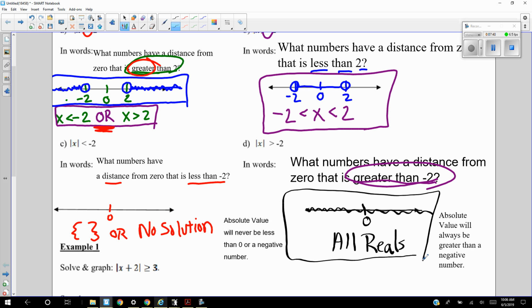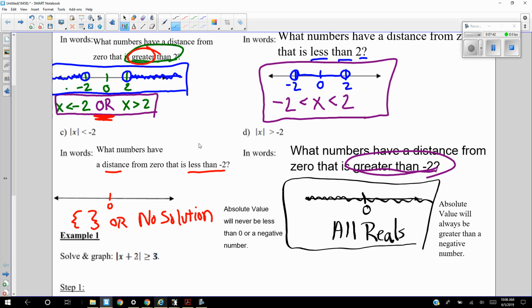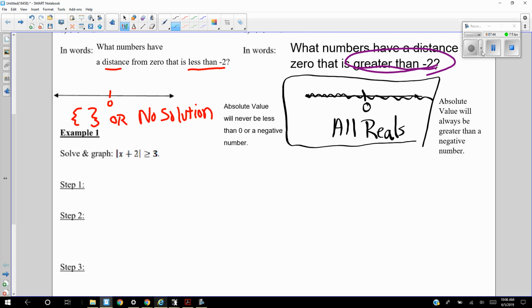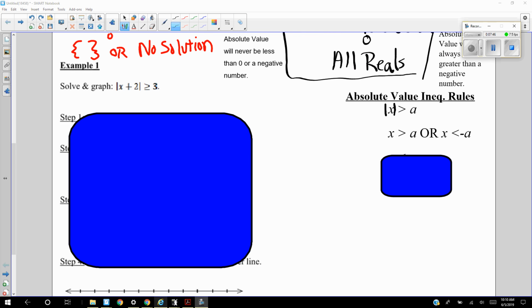So there's a couple of special cases you've got to watch out for. Here are the rules for absolute value inequalities. We already talked about if absolute value is greater than a number, then you're going to have an "or" in your inequality. Notice what we've done is we've split it into two.